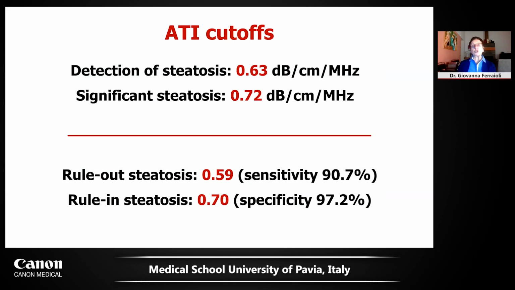For the detection of steatosis, 0.63 decibel per centimeter per megahertz, and for significant steatosis, 0.72. But we obtained also 2 cutoffs, one to rule out steatosis, 0.59, and the other one to rule in steatosis at 0.70, with a specificity of almost 100%.